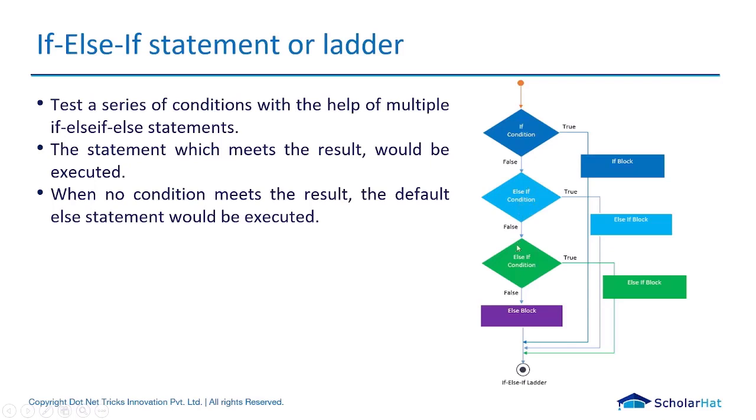If this is not satisfied, it will check for this one. Whichever is satisfied, that condition will be executed. When no condition is met, the default else statement would be executed. If none of the conditions are satisfied, then the else block at the last will be executed, because if these are all false, then else is going to be executed. This is what the if-else conditions and ladder statements are.